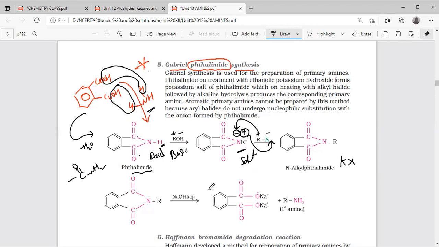Then we are doing hydrolysis in the presence of base. In the presence of base, we are doing hydrolysis with H2O. This bond will break up, here HOH, HOH. Again, primary amine is forming.